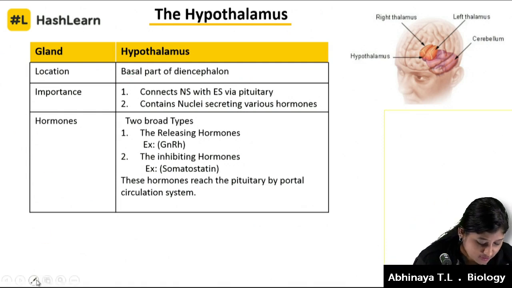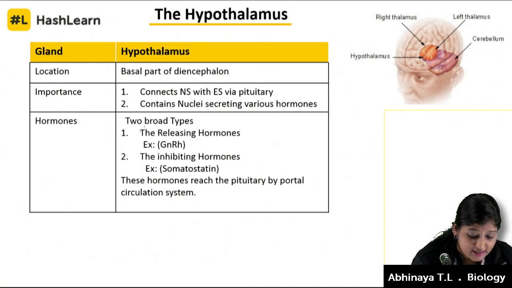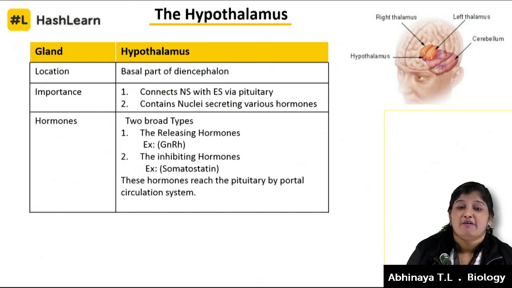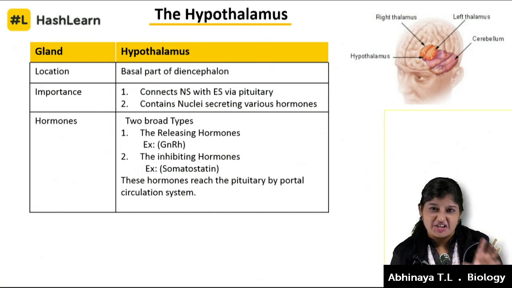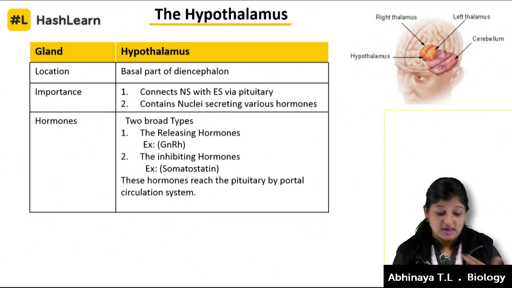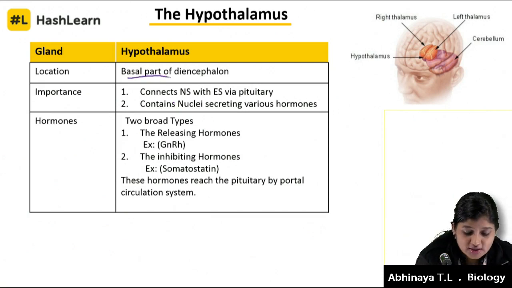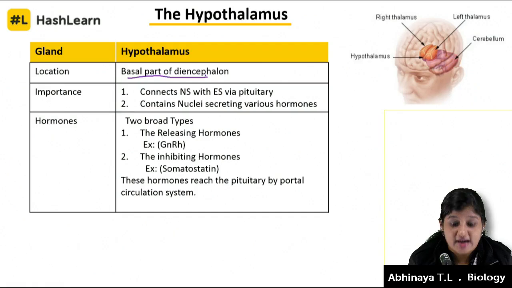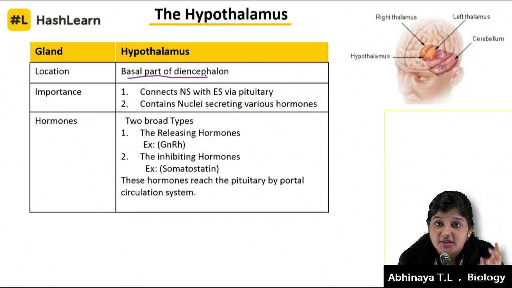I've just made a table for you guys so that it will be easy to understand the information of each and every gland which we are going to discuss in this class. As I said, location: it says basal part of the diencephalon. It is the most important endocrine gland. Why is it so?